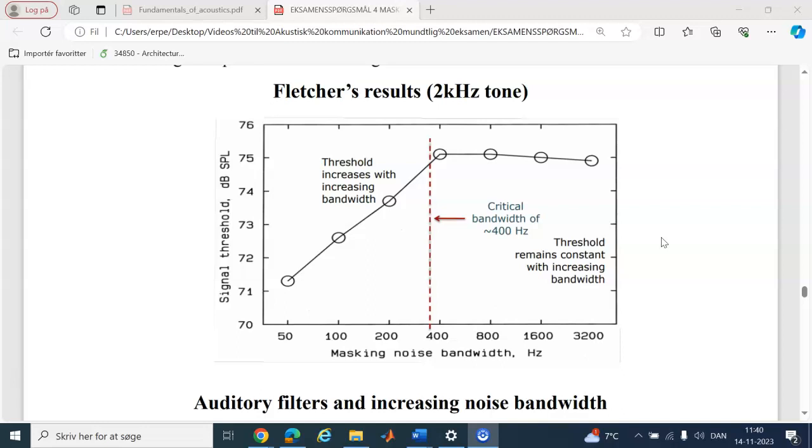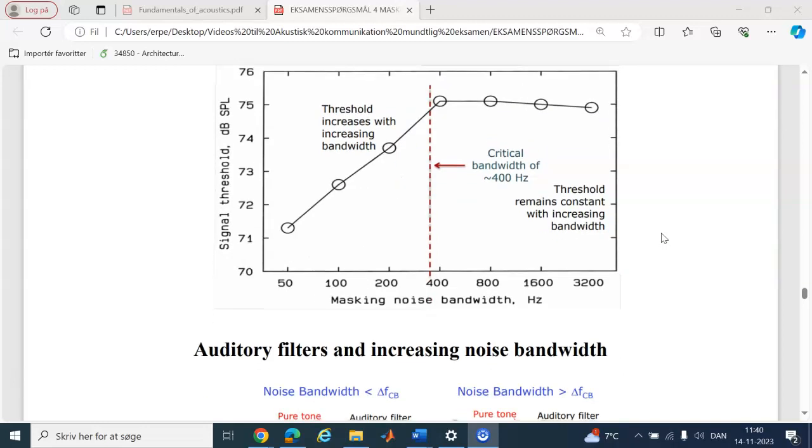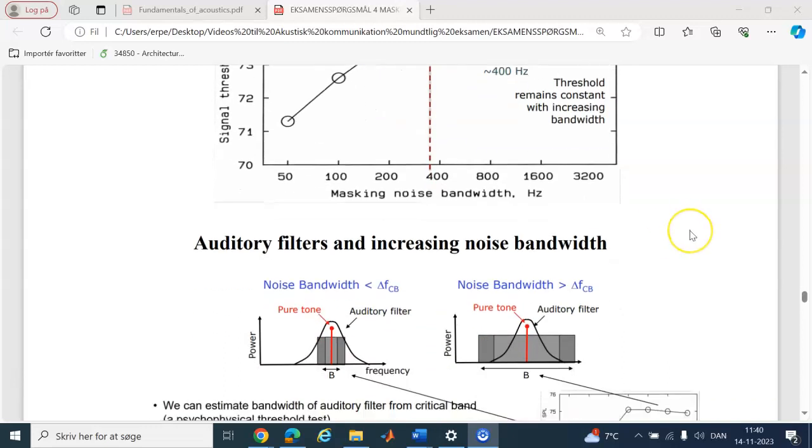So those 400 hertz, or a little bit before, 380, is called the critical bandwidth, about 400 hertz. So threshold remains constant with increasing bandwidth after those 400 hertz.